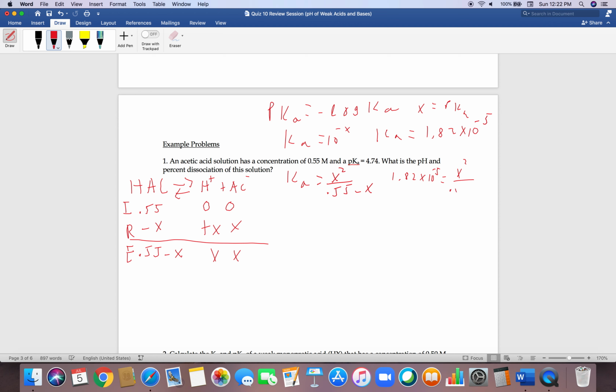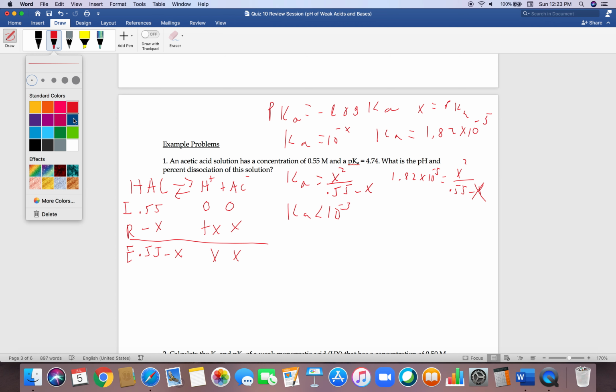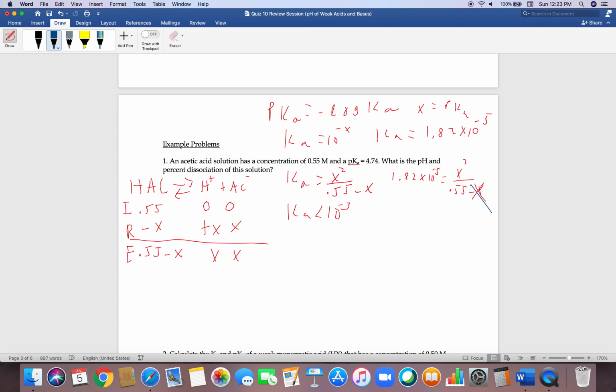over 0.55 minus x. Since the Ka is less than 10 to the negative third, we can drop this x. Actually, I should write this in a different color, because that just makes it look like a bigger x. We can drop the x.